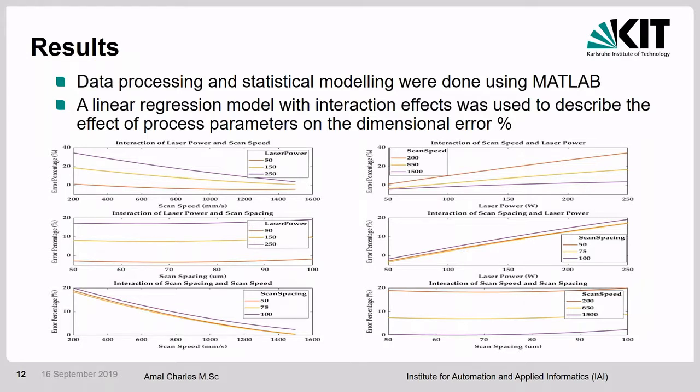We did some statistical modeling using MATLAB. We did the regression modeling to identify the main effects as well as interaction effects of the different process parameters on our dimensional error percentage.